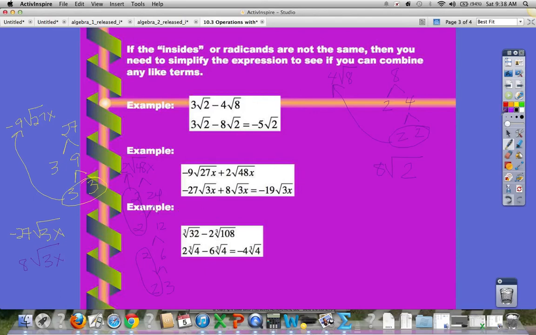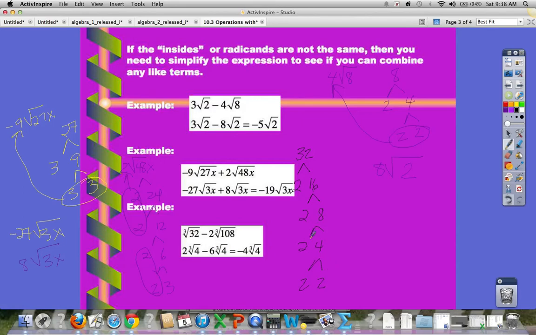And then the last example is cube roots. Okay, you still do it the same way. Notice we have the same indices. That's the cube root. And we just break down the 32 and the 108. So I'm going to put 32 up here. I'm going to break it down to 2 and 16, 2 and 8, 2 and 4, 2 and 2.